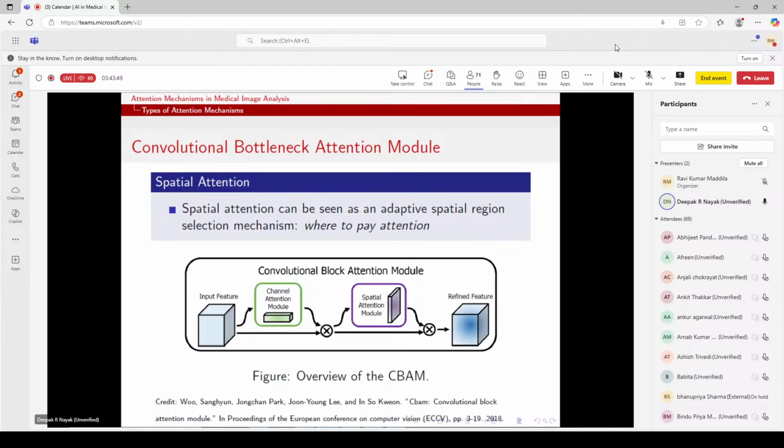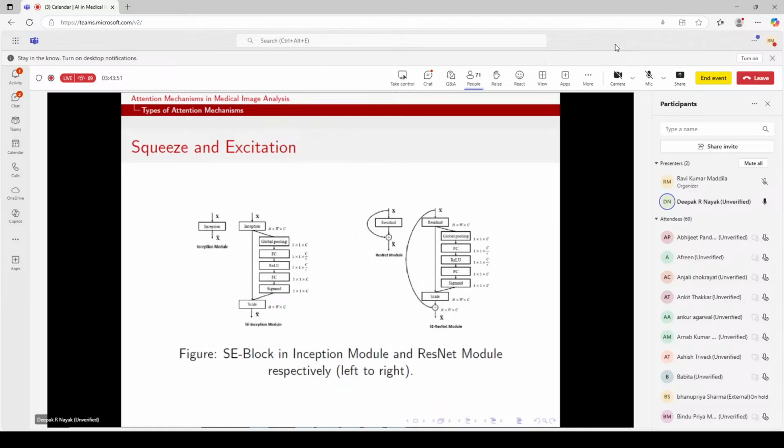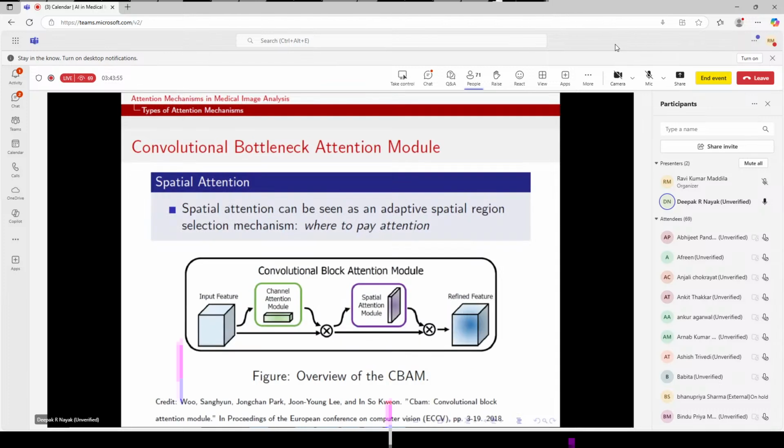In the previous case, we adaptively selected the channels. Now you are adaptively selecting the regions, by dynamically weighting the input feature map. That's the major goal here.